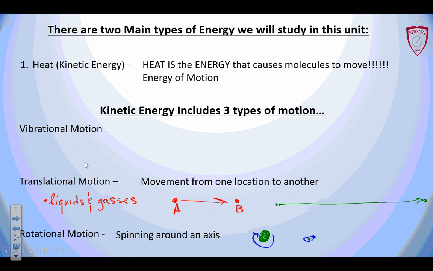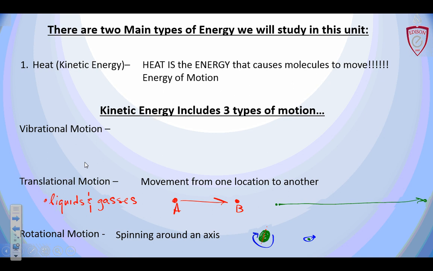It's rotating on an axis, but not moving from point A to point B. It's staying fixed at point A. Liquids can do that. Could an atom or molecule roll from point A to point B? Then it would have both. All these kinds of motion happen simultaneously.